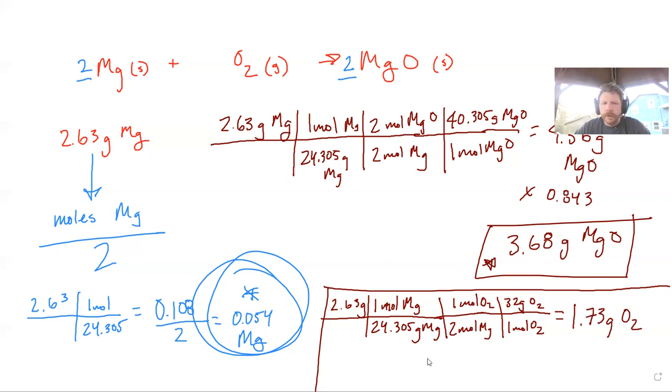We started with 7.94 grams of O2. We used 1.73 grams of O2. Therefore, we have 7.94 minus 1.73 equals 6.21 grams of O2 remains.